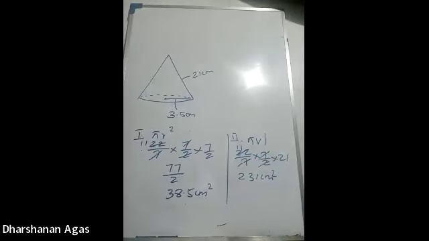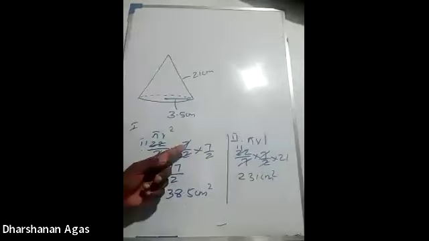Once again, the first question, base, only pi r square, 22 over 7, radius 3.5 as 7 over 2, which gives 38.5 as the area of the base. Then the second question, curved surface, that is pi r l, with l the slant height 21, giving 231. The third question, total surface area.